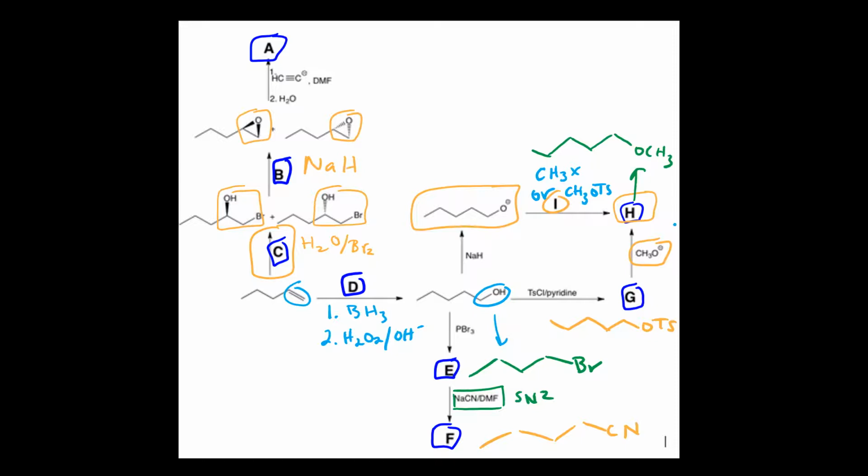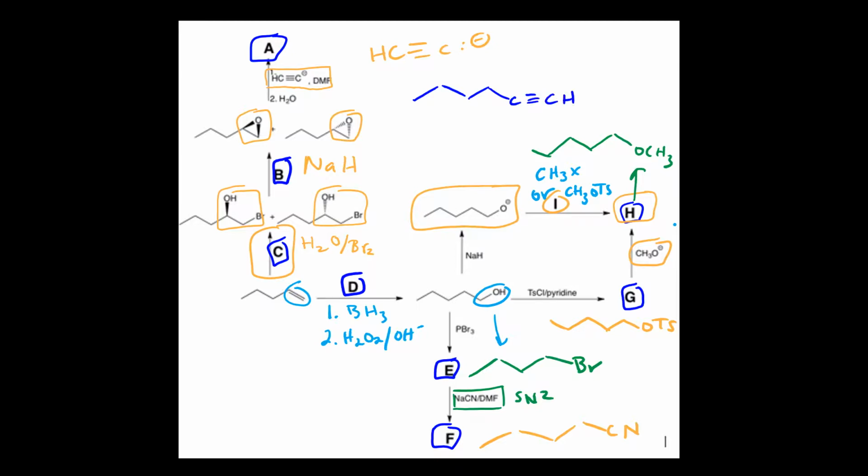And then finally, you're treating an epoxide with acetylide ion, which is C. This is acetylide ion. This is a really strong nucleophile. And what we're doing here is opening the ring. Since these are in strong conditions, we're looking at a ring opening with the less substituted side getting attacked.